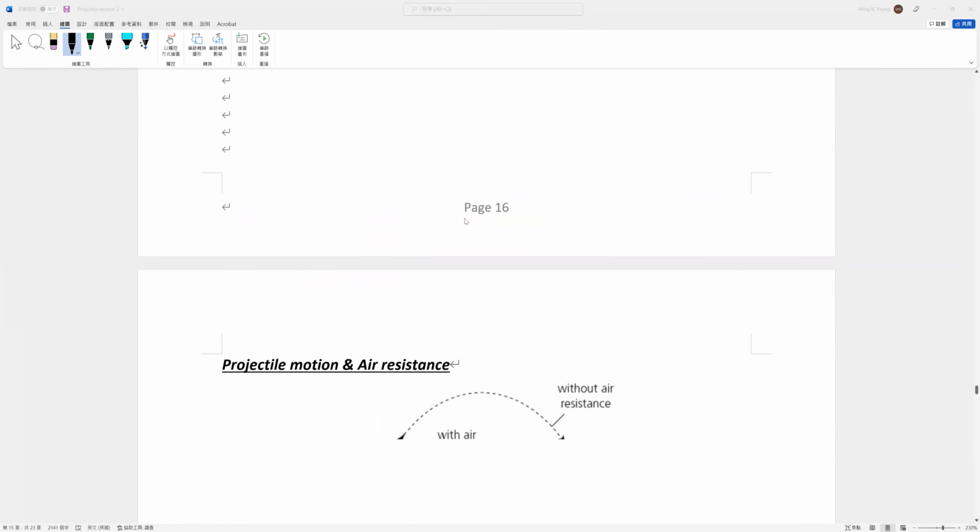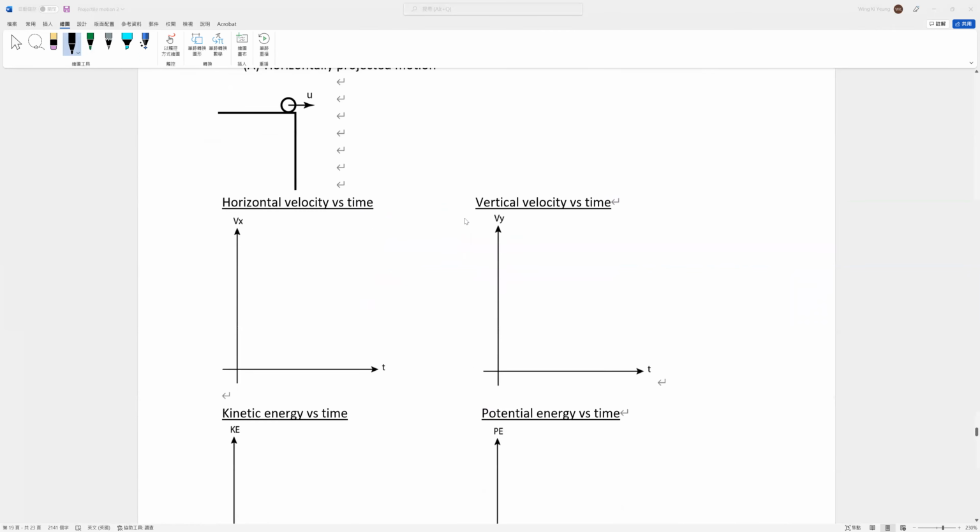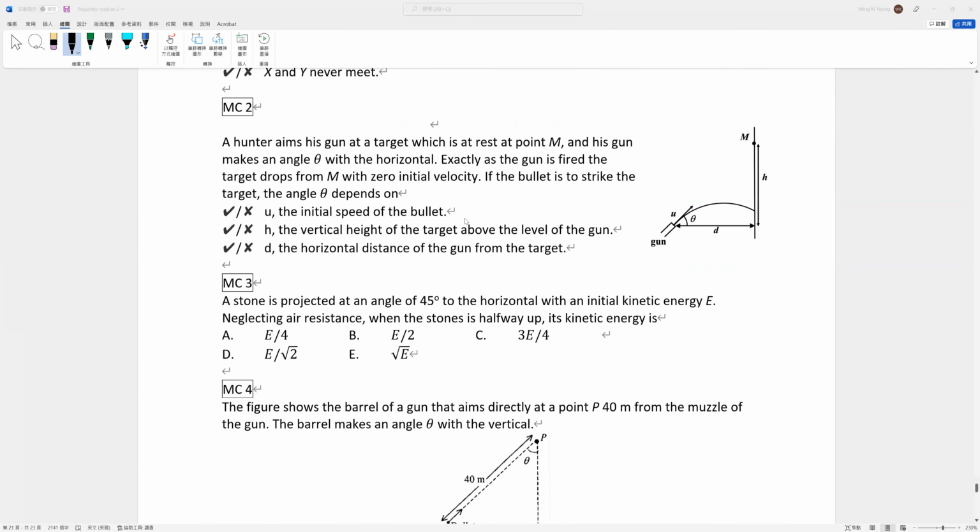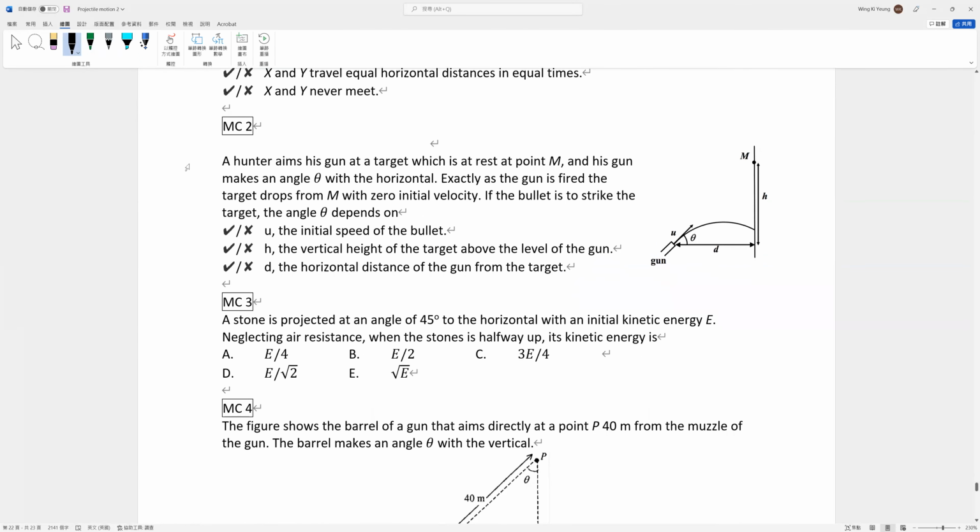So let's take a look at this one, a Hong Kong A-level past paper. It is just the monkey and hunter experiment. If the bullet is to strike the target, the angle theta should depend on what?